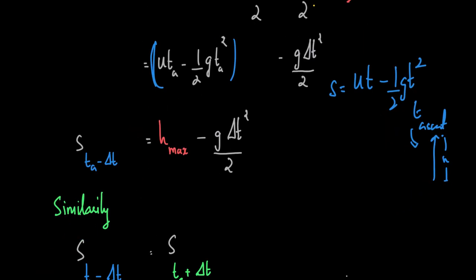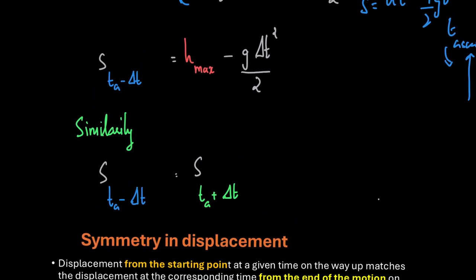Are we done? No. Similarly, if you work out t_a plus delta t, so this much is t_a, this portion here is delta t. To come here, we have t_a minus delta t. When the motion continues, it travels this much down further.